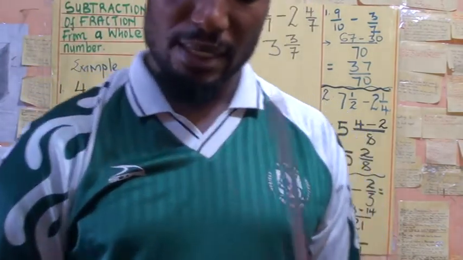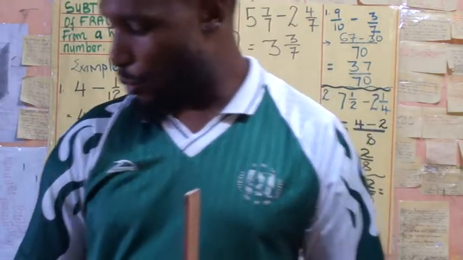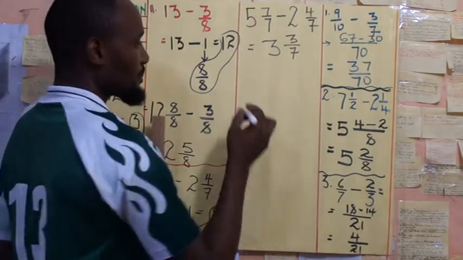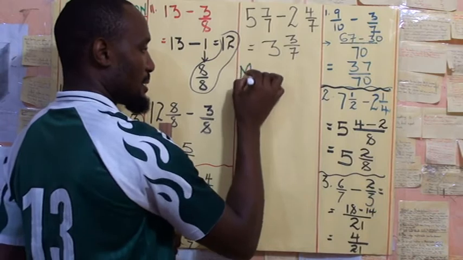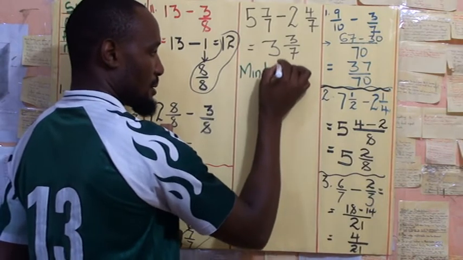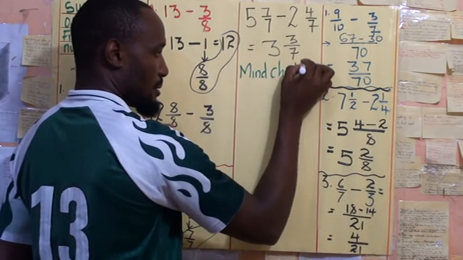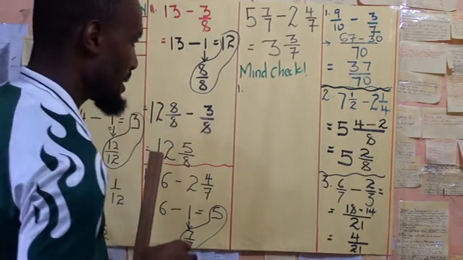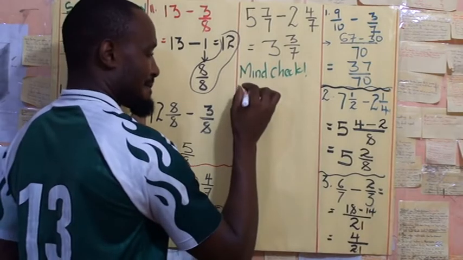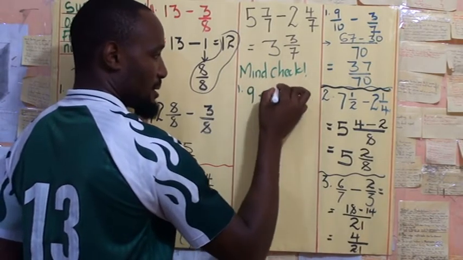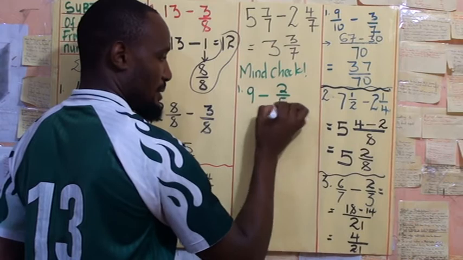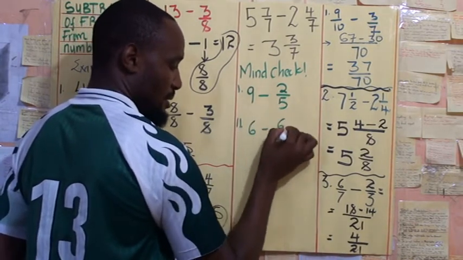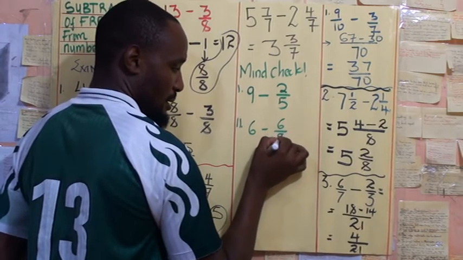Understood? If you have understood, I wish to give you some questions that you try and then we discuss tomorrow. Mind check 1: 9 minus 2 over 5. Mind check 2: 6 minus 6 over 8.